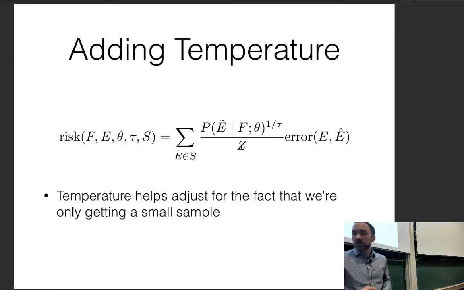So what this temperature adjusts for is the fact that you're only getting a small sample of the actual outputs. And in reality, if you're normalizing like this over this small sample, everything post-normalization changes.